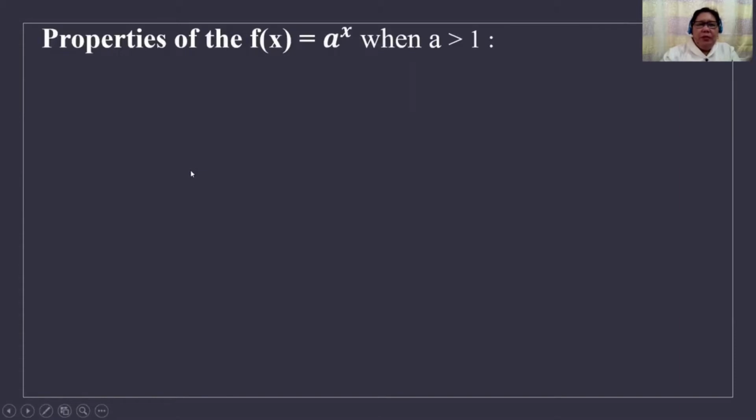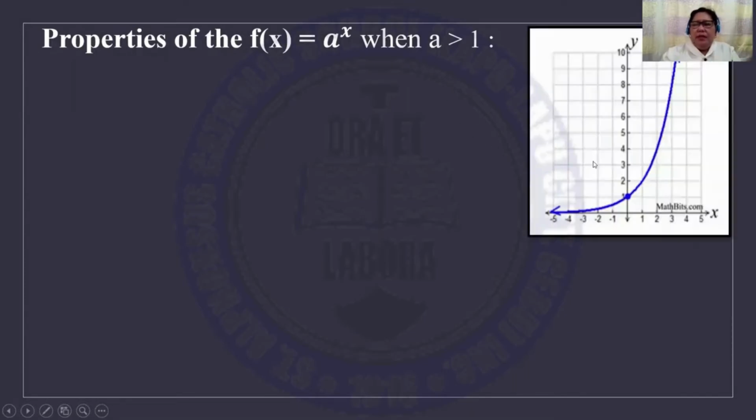Let us have first the properties of the function f of x equals a raised to x when a is greater than 1. This is the graph of f of x is equal to 2 raised to x. The value of a is 2, and 2 is greater than 1.